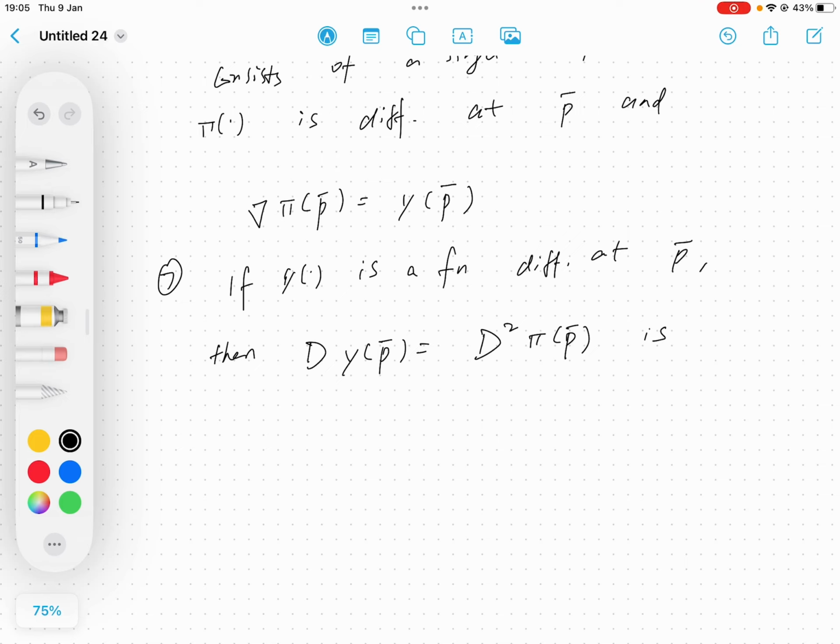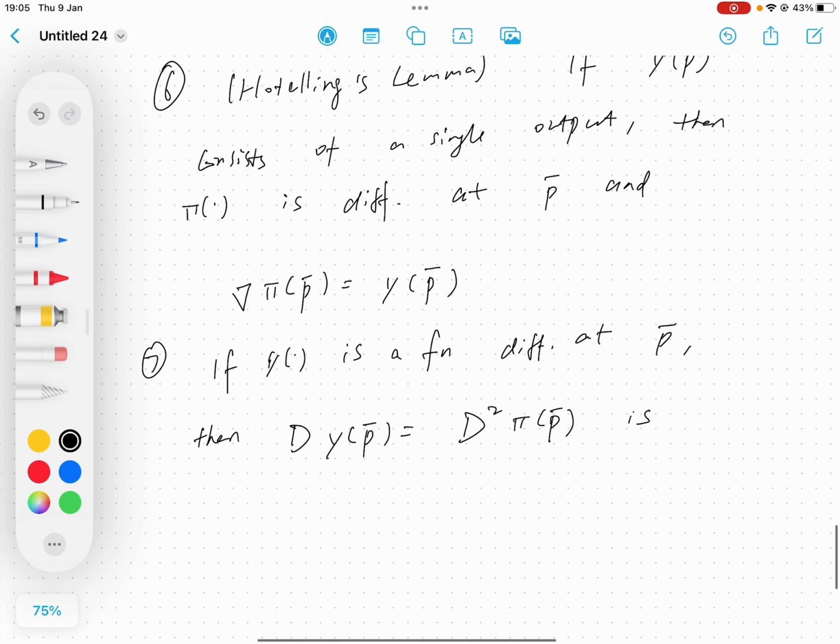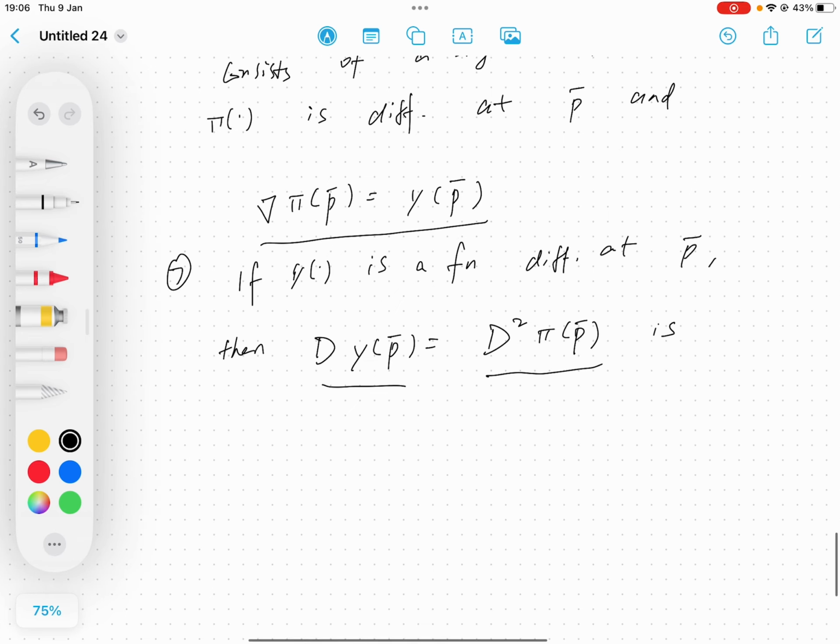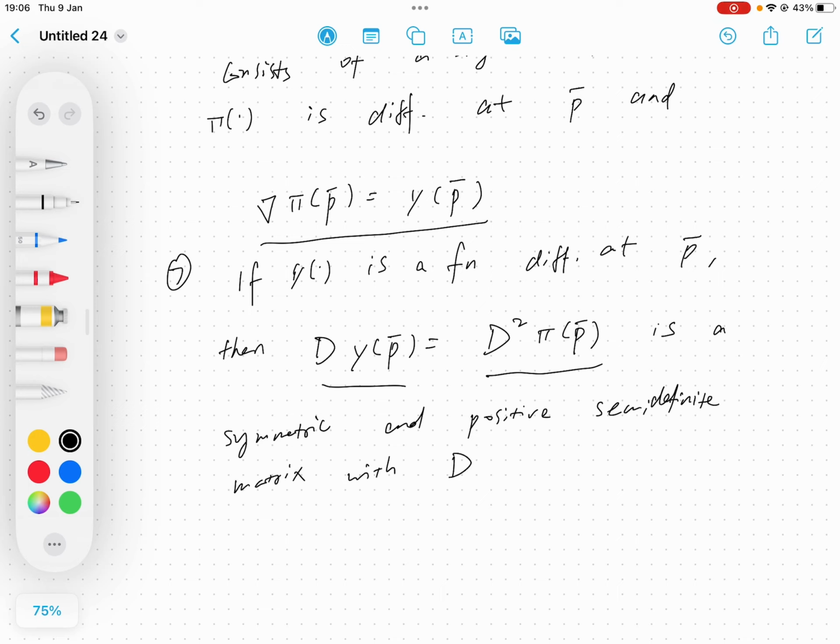Because if we take a further differentiation, then we take it twice on this, right? So that's going to be a symmetric and positive semi-definite matrix with Dy(p bar) times p bar equal to 0.